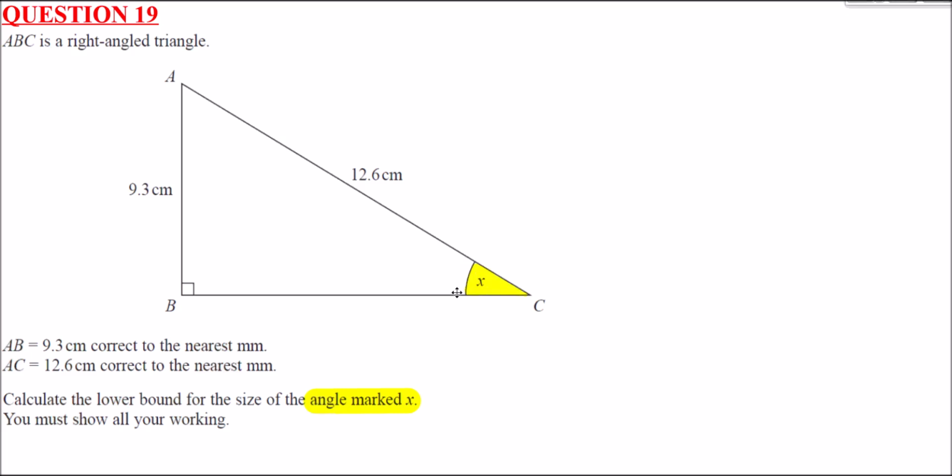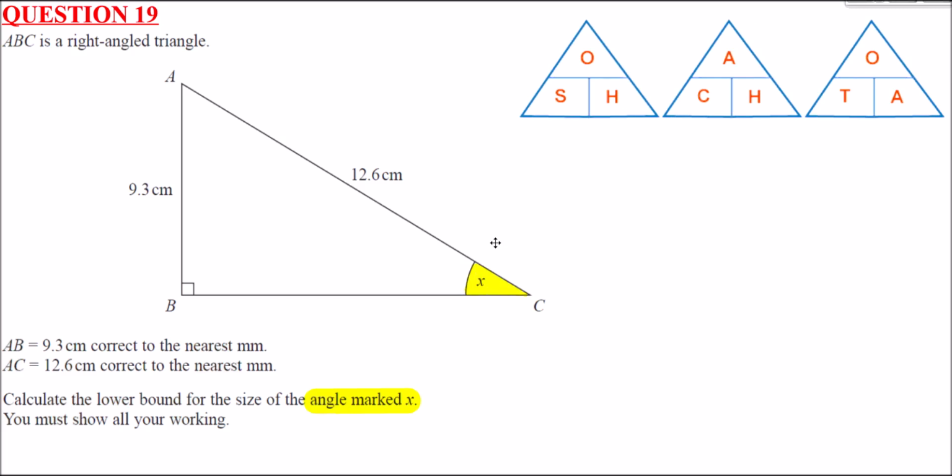And just reminding again of what I said, with SOHCAHTOA, we can now figure out which of the SOH, CAH or TOA functions we need to solve this problem. So opposite to x, which we've drawn the line opposite to x, is 9.3. That literally means that's the opposite side. So I know the opposite side, so I'm going to ring in red O on any O I see in these triangles. Now I also know 12.6.